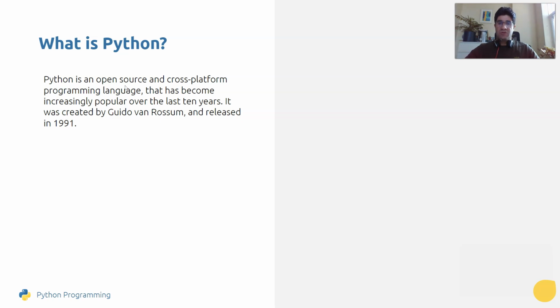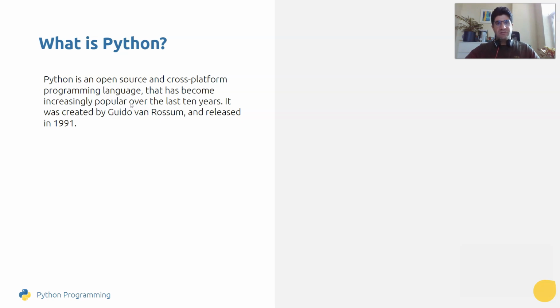Because it's open source, everybody has access to the source code of the language, and you can see it. And because it is cross-platform, you can develop and create programs that can be run on different platforms such as Windows, Linux, and Mac. It is one of the reasons for Python's popularity.